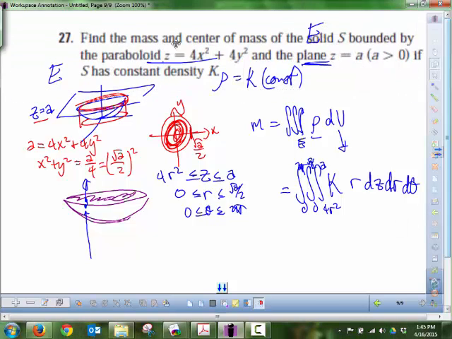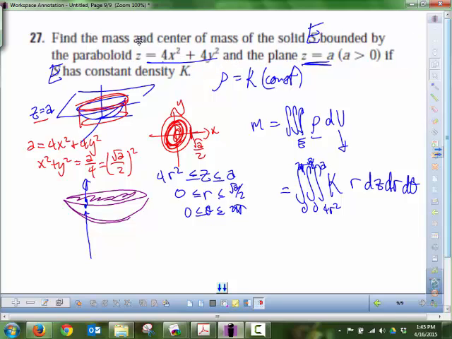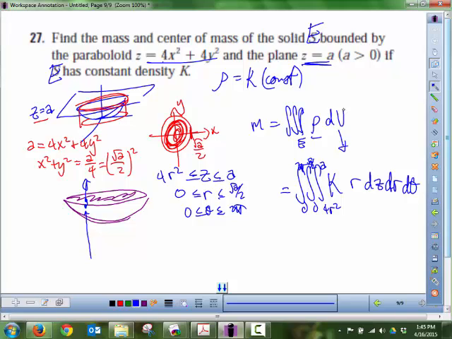So that's the mass. If I were asked to find the center of mass, I would need a couple more integrals. Actually, I would need 3 more integrals to find the center of mass, technically speaking. But if you look at this with a constant density, and if you imagine how this thing is going to look, what are 2 of my 3 values for my center of mass? 0.